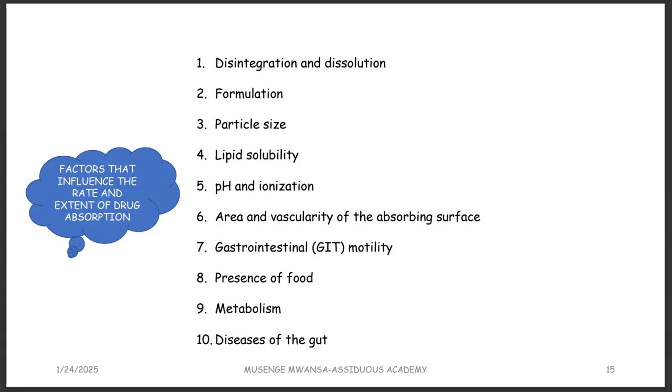So there are different factors that influence the rate and extent by which a drug is going to be absorbed. These are the same factors that influence bioavailability.